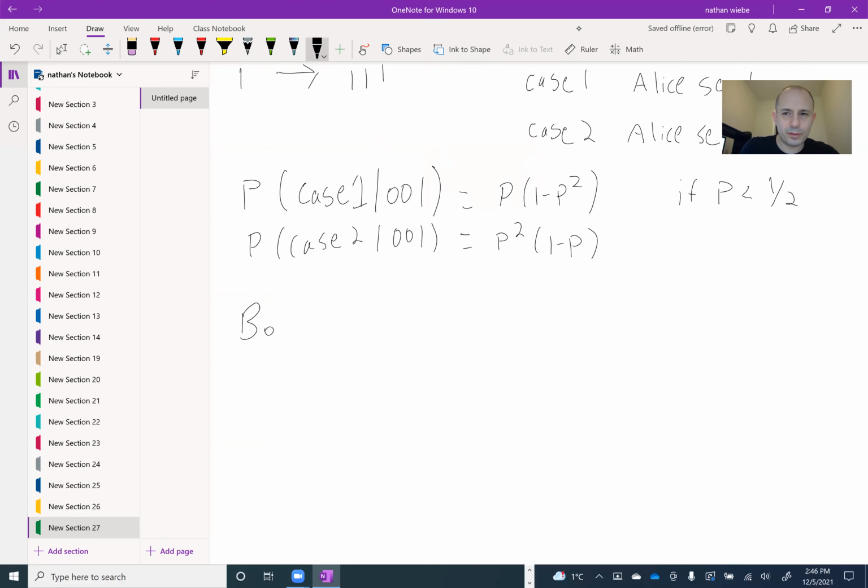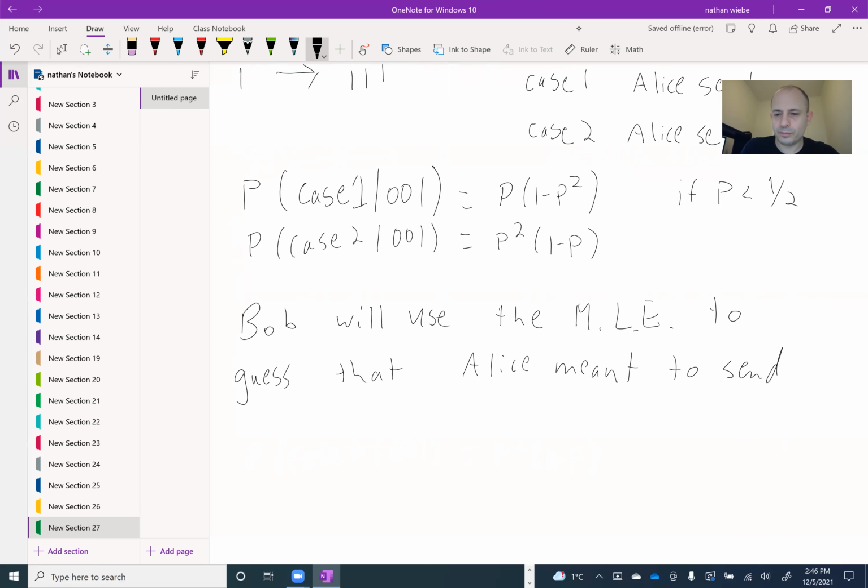So Bob will use the maximum likelihood estimator, or MLE, to guess that Alice meant to send 000.